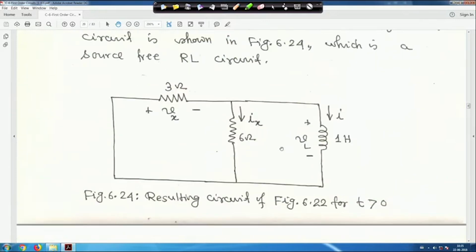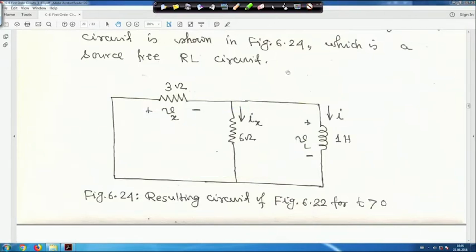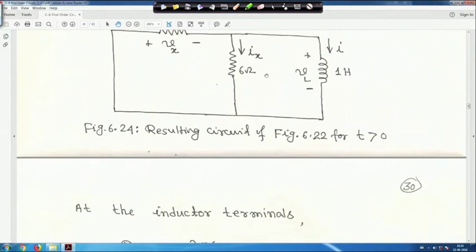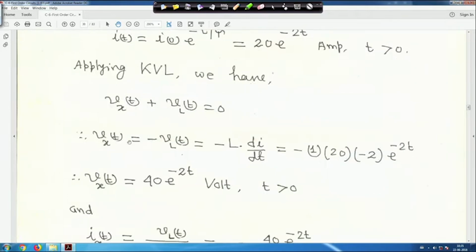If you apply KVL in this circuit, V plus Vx plus VL is equal to 0. So Vx(t) is equal to minus VL(t), which is equal to minus L di upon dt.